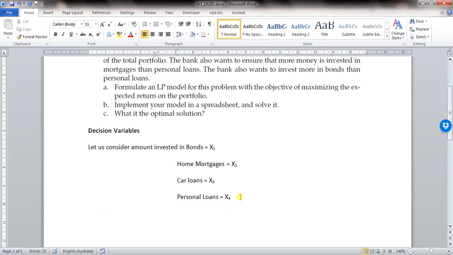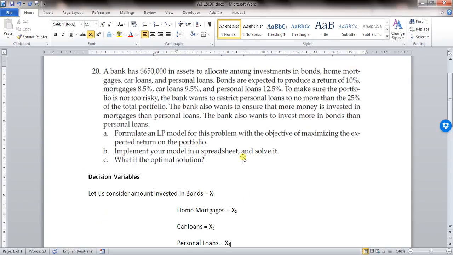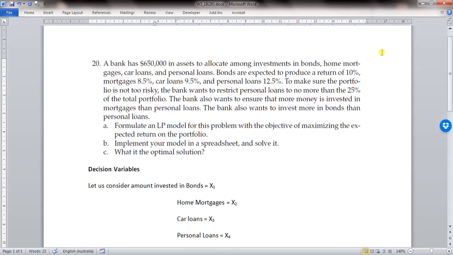Now, what should be our objective? Our objective is to maximize the return.